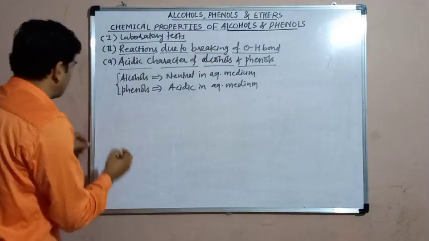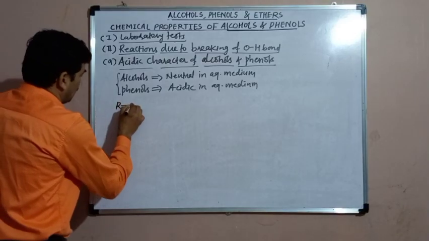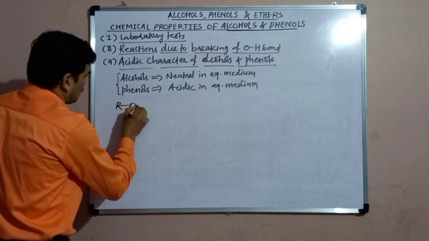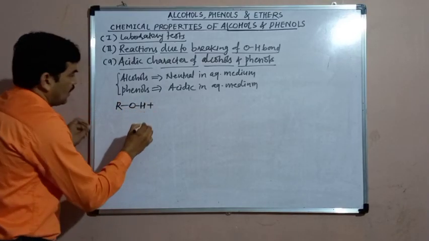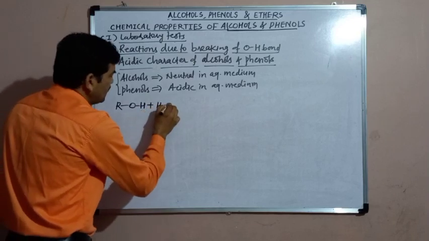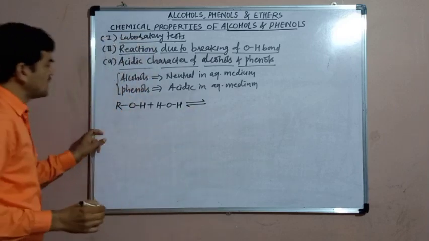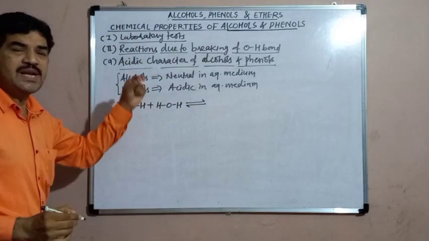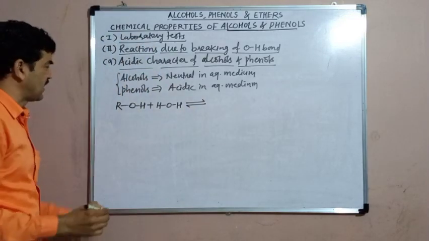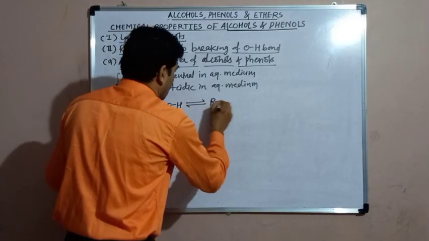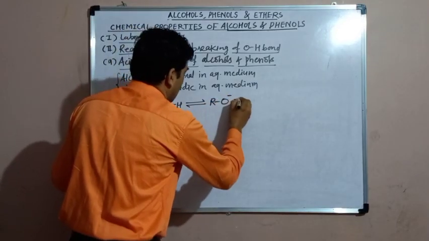ionization. When we take the alcohol and it dissolves in water, then its ionization occurs to a negligible amount, negligible quantity. Ionization occurs in this way.